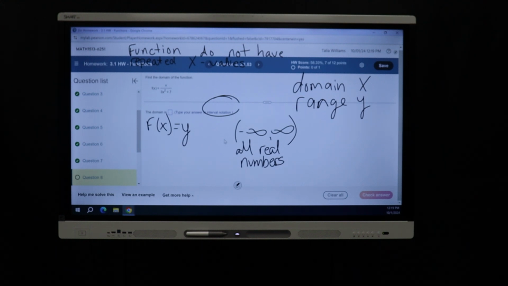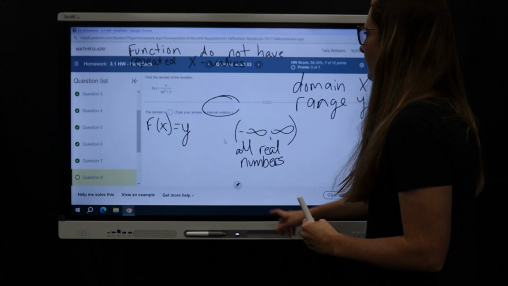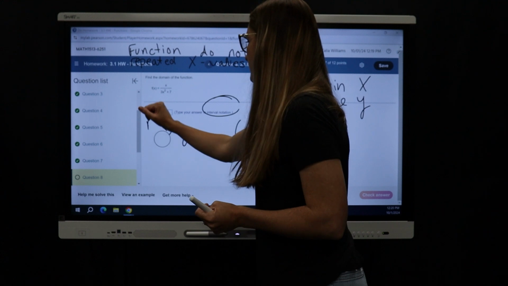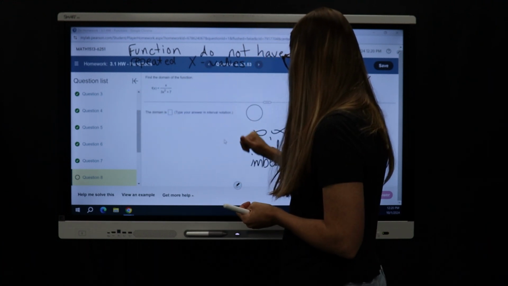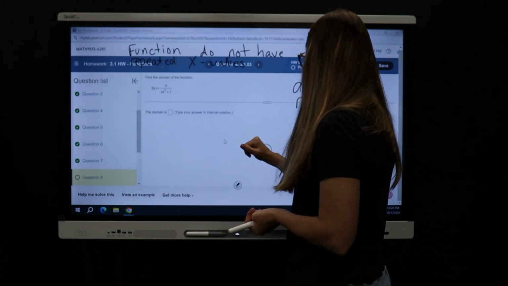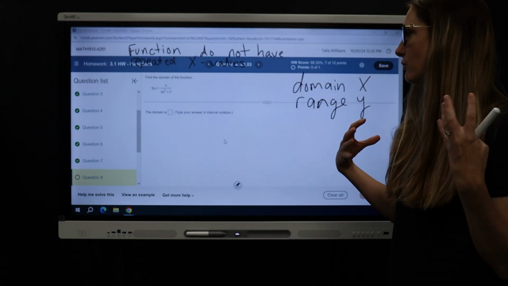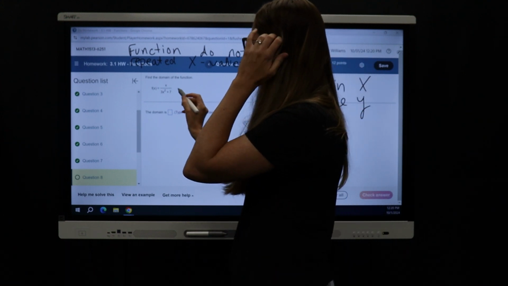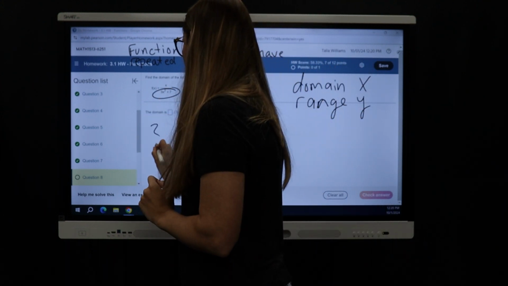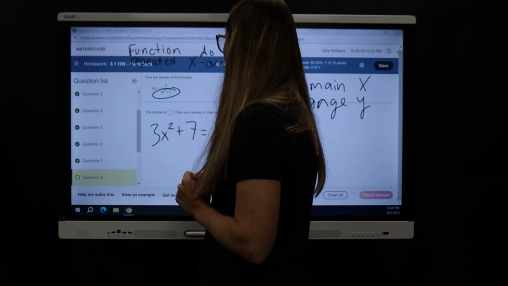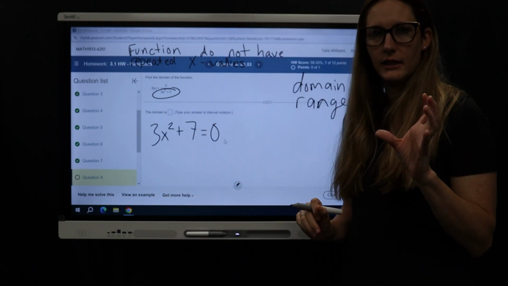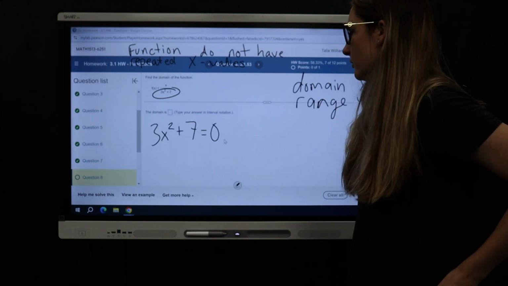This one. So here, 3x squared plus 7, we need to determine if that was set to 0, is there a value that's going to make this undefined? So we're going to take this denominator, because if the bottom of a fraction is 0, it's undefined, it's not true, and it will not work.